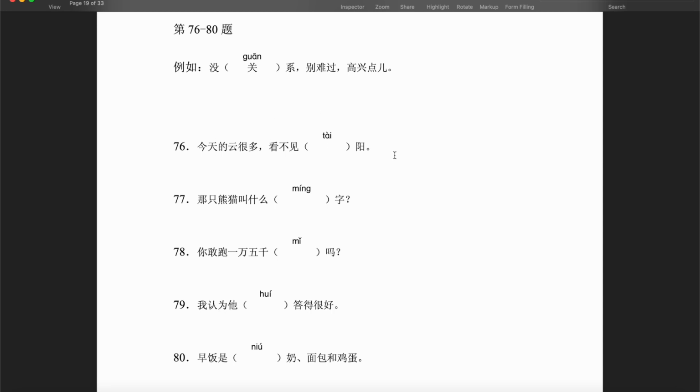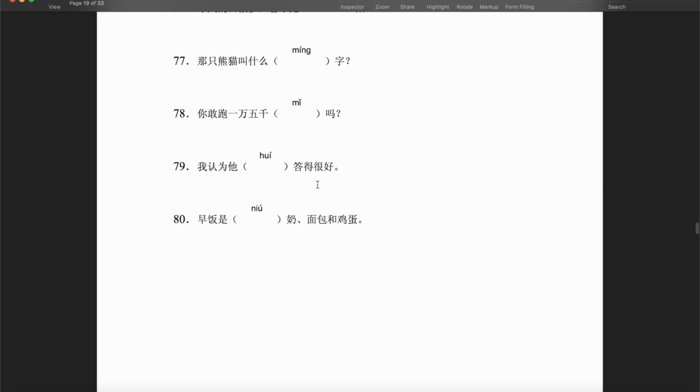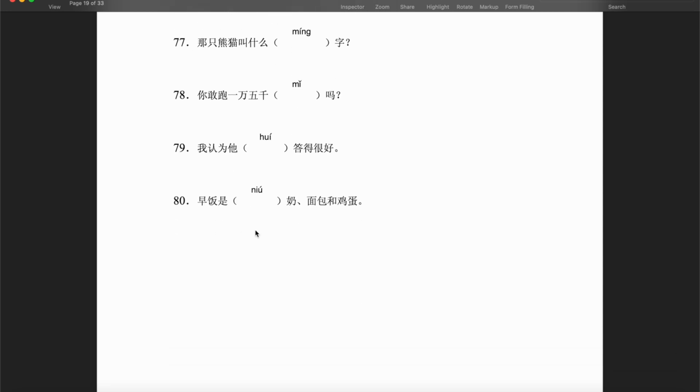So that is the second part of writing. This is easy, right? Most of the time they don't ask very difficult characters, they will ask very simple characters. With this we finish all 80 questions in HSK level 3.